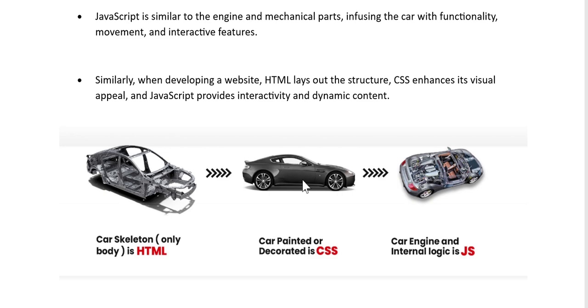Similarly, the website is designed or given styles and colors by CSS, and the car engine and internal logic is done by JavaScript. The whole backend part, how the website works, all that will be done by JavaScript.